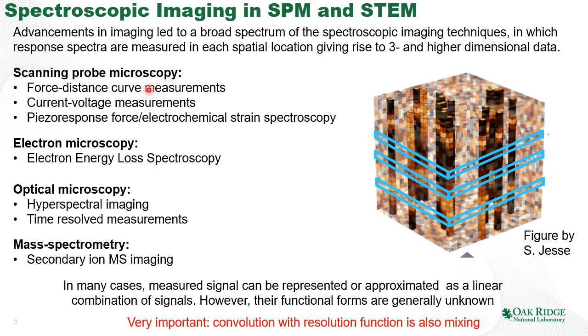Another example from scanning probe microscopy would be the current voltage measurements. This can be the regular IV spectroscopy in ambient machines, or it can be the current voltage measurements in scanning tunneling microscopy, so-called CITS. Or if you are an expert or practitioner of piezoresponse force microscopy or electrochemical strain microscopy, you are going to measure the hysteresis loops at each point on the sample surface.